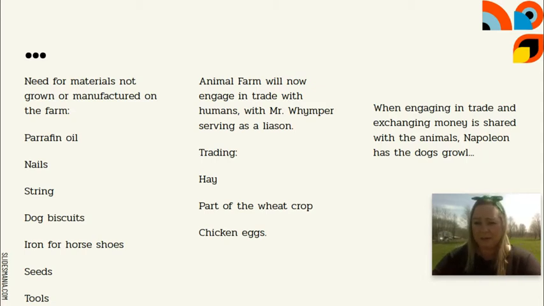And I want you to remember that Old Major's vision was that chickens would not have to sacrifice their eggs. They would be allowed to hatch them into baby chicks and raise them, because the purpose of this is that all animals will be able to live their full natural lives.